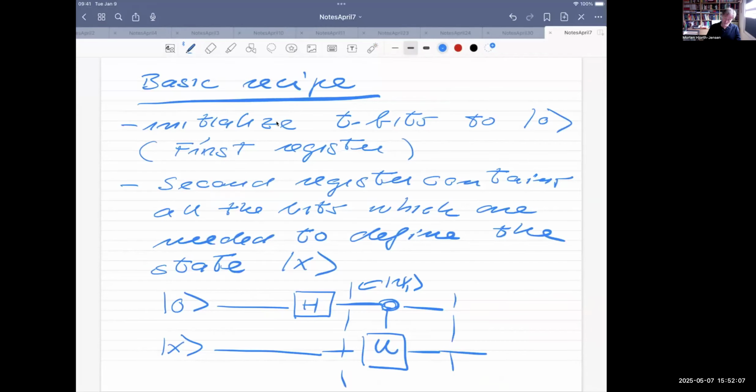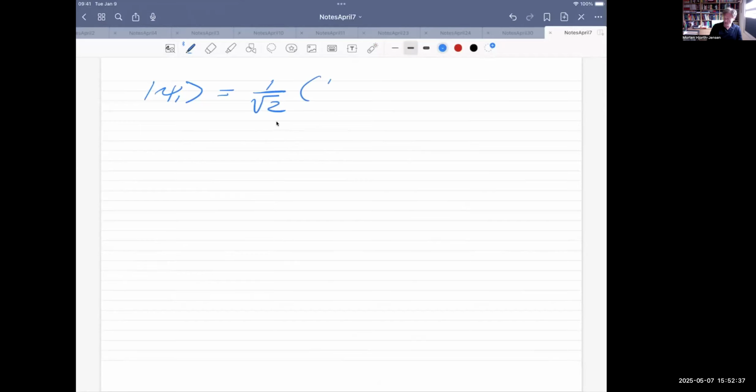So let's just write down the operations which we are plugging in. So we would have a psi1 here, which is going to be given by this Hadamard operated qubit, and then the tensor product with this state x, which we have left unspecified. And then we have plus 1 times this state x. And then we have this control U operation.